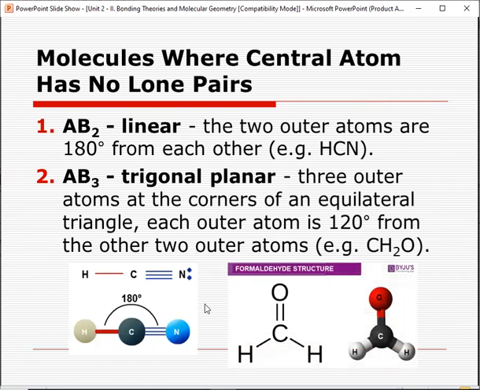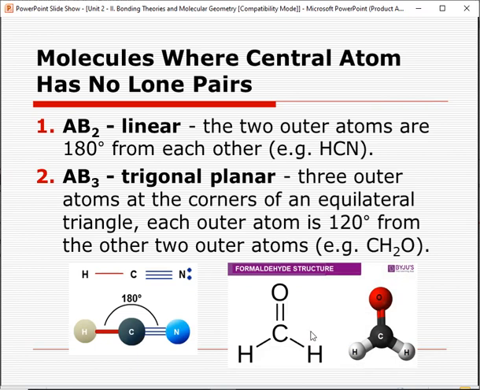So for AB3, or three outer atoms, the geometry is trigonal planar. So three outer atoms at the corners of an equilateral triangle. Each outer atom is 120 degrees from the other two outer atoms. Example is CH2O, or formaldehyde.